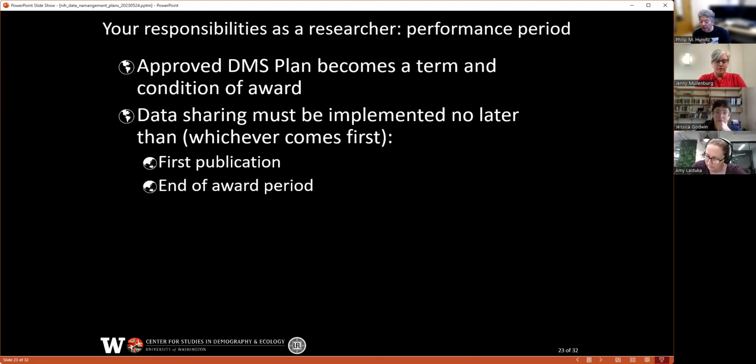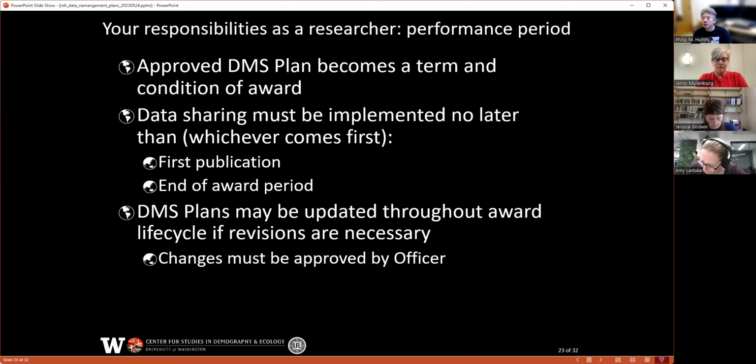So if you're going to publish, even on something like that, then your data sharing must be implemented by that time. I imagine in that kind of situation, some of the data that are being developed are still preliminary, and yet they said you don't have to share preliminary data. So a lot of this is still kind of in the area of head scratching. But certainly by the time that your award is completed, then your data sharing must be implemented.